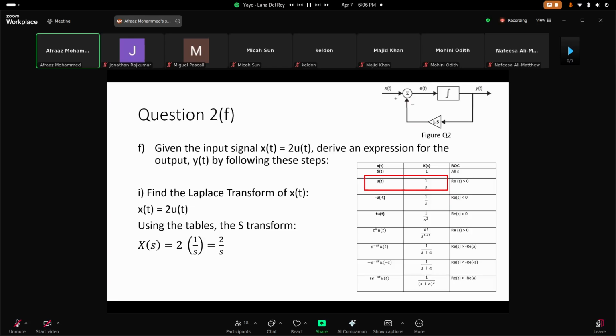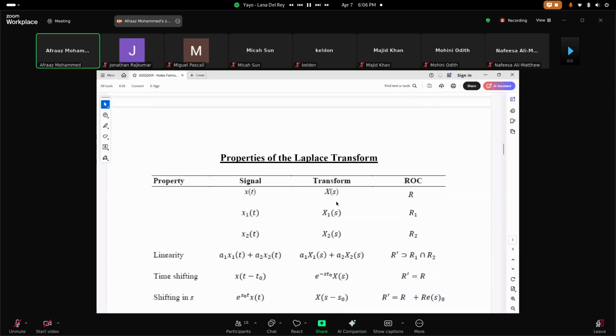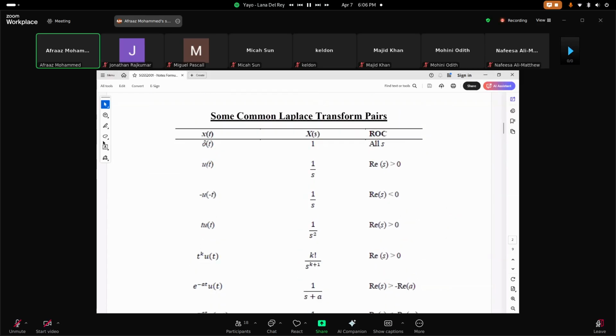Right. So the transformation table, this was the properties table we were looking at before. The transformation table is this one, right? So the transform pairs. And what we were looking at was 2u(t), right? So that's 2 multiplied by u(t), and for u(t), the transform of that is 1 over s.